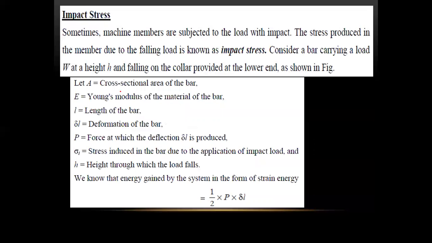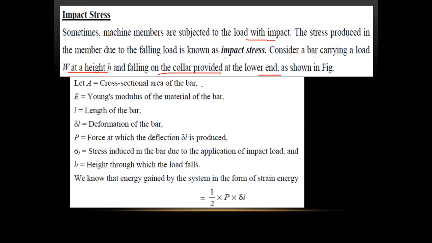Now, next one is impact stress. Here, the machine members are subjected to load with impact. The stress produced in the member due to the falling load is known as impact stress. Therefore, now consider a load W falling from a height H onto the collar provided at the lower end of a bar.